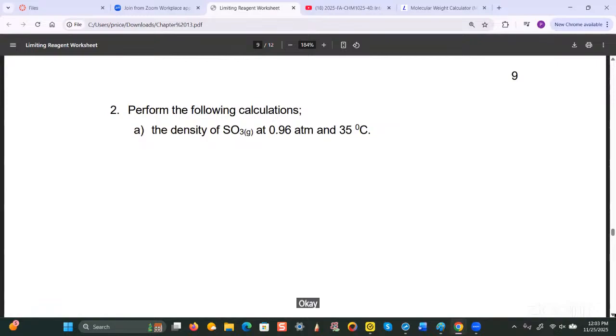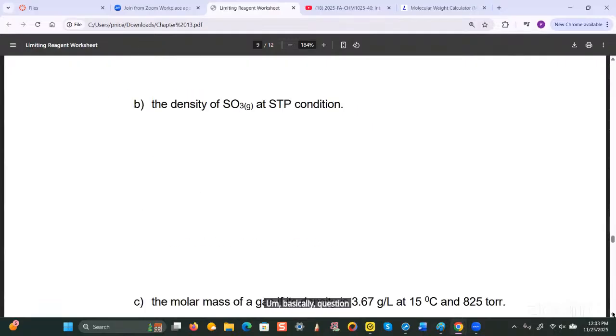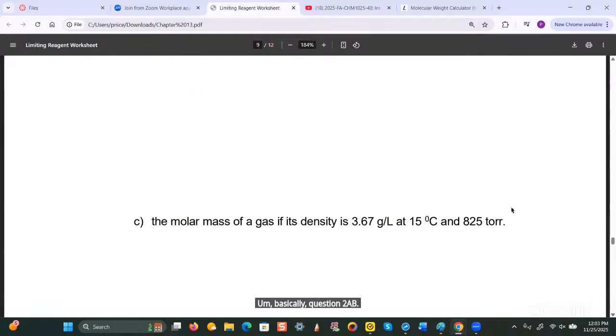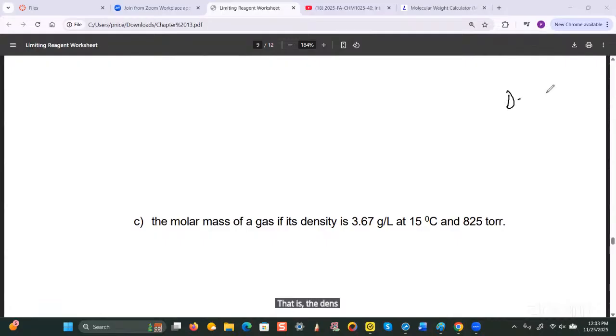Okay, I'm going to leave question number 2 for you to do. Basically, question 2A, B, and C, you'll be using this equation. Let me just write down the equation here. That is the density of a gas is equal to Pm over RT.